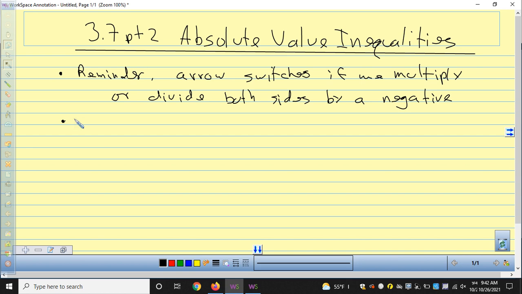And our graph looked like two arrows going away from each other. So we still have those two possibilities for absolute value inequalities. So we get an and or or inequality at the end.